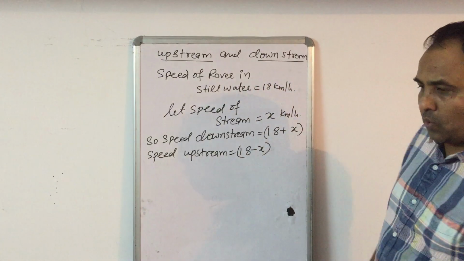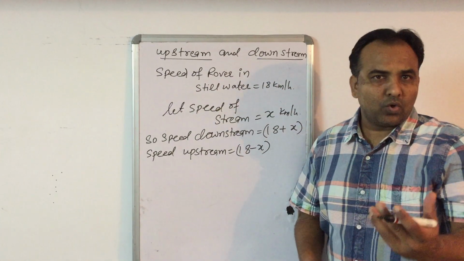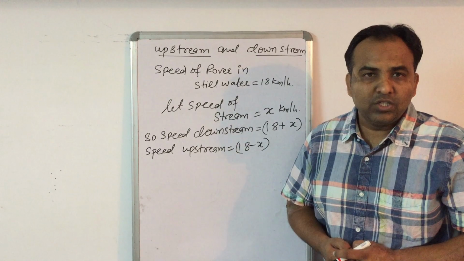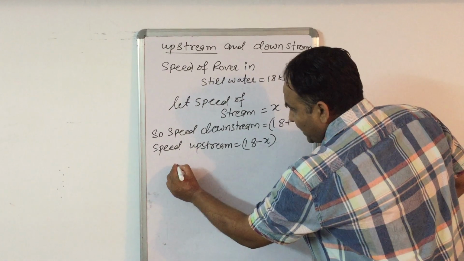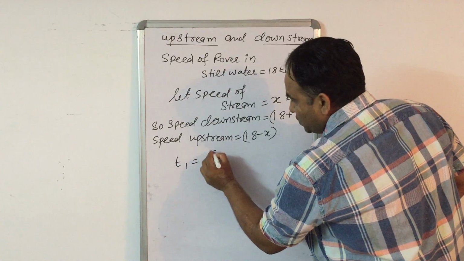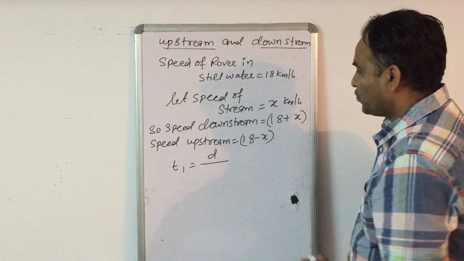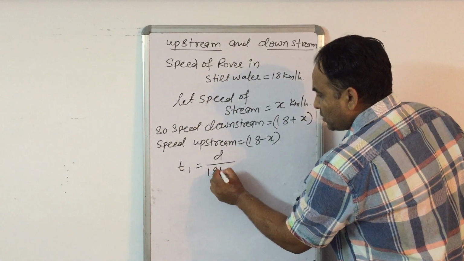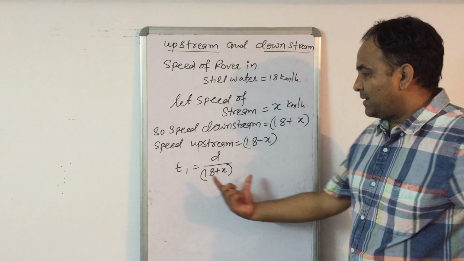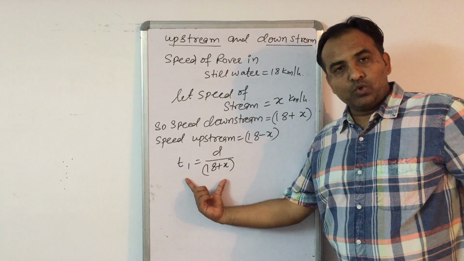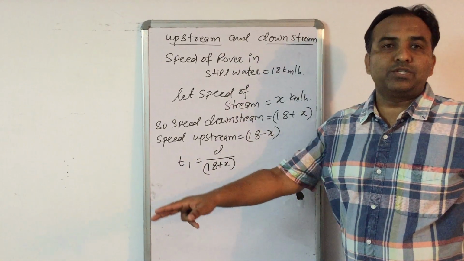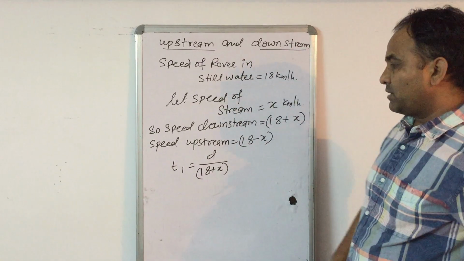Now suppose the swimmer or rower takes t1 hour to move across the river downstream. As we know, time equals distance upon speed. So this is the time taken by the swimmer to cover the river downstream.